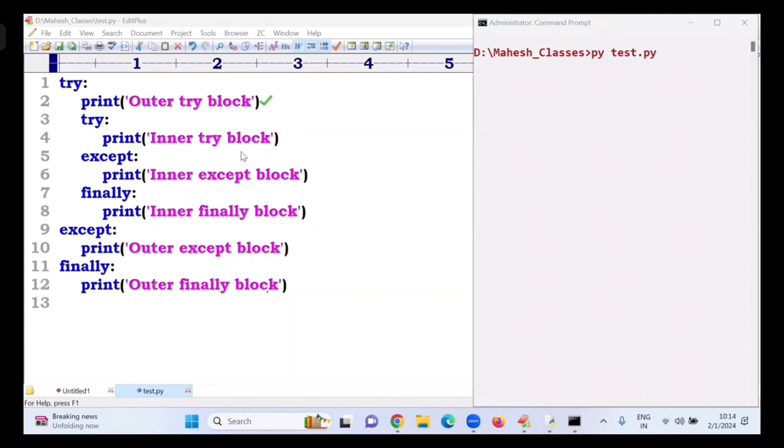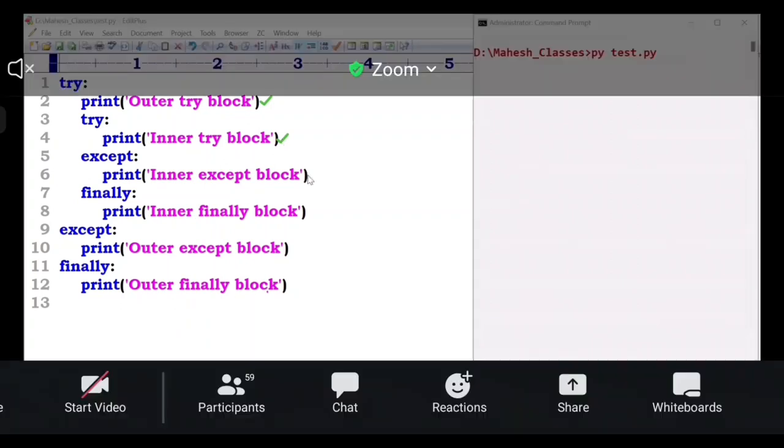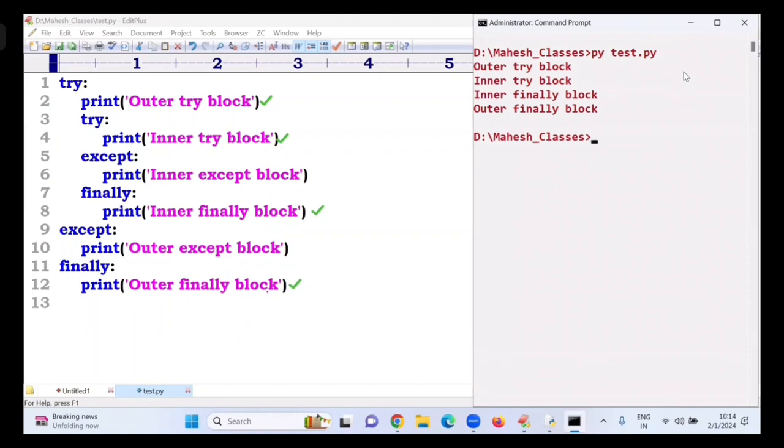Next inner try. Inside the try block, is any exception there? No. So inner finally, then outer finally. Four statements will be executed there: outer try, inner try, inner finally, outer finally. Okay, fine.